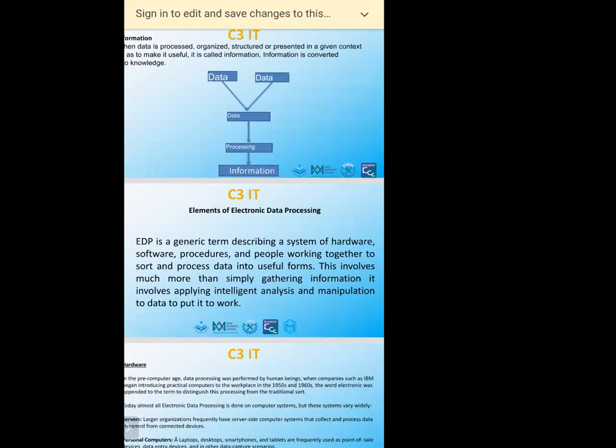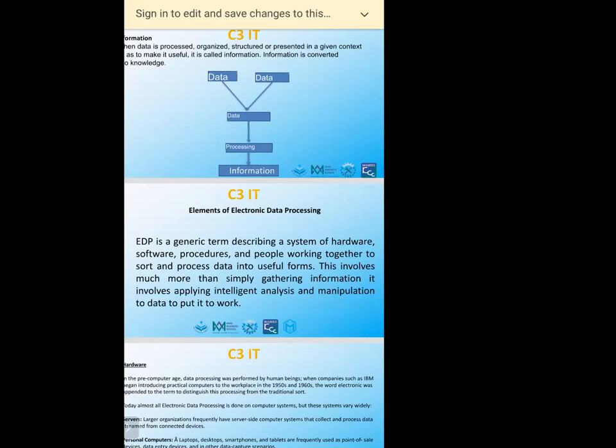you have written one program, and that program we are going to install somewhere. For example, you have written your program for a school, or for a court, or a health center. If you install that program, then in that place, what hardware you have, what software you have, what procedures, and what people are working together.